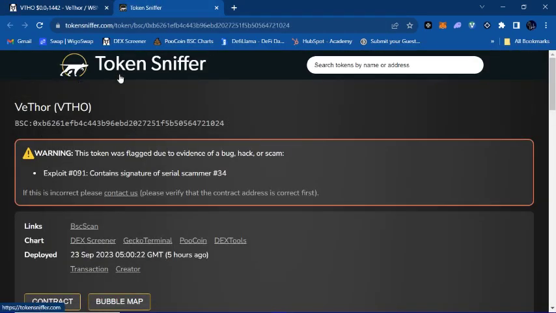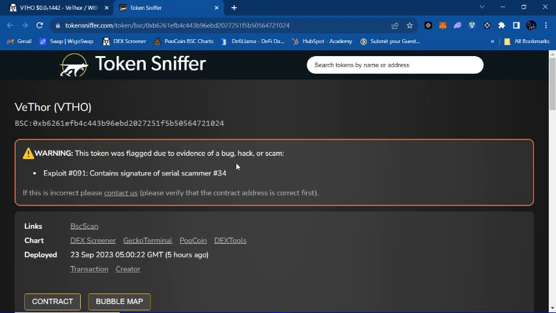All right, so on Token Sniffer, you can see that it has been flagged due to evidence of a bug, a hack, or scam. It contains the signature of a serial scammer, that is somebody who has repeatedly made tokens that are scams. So this is not a good token to trade.